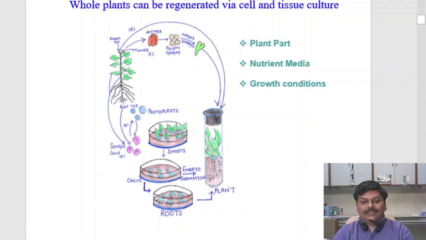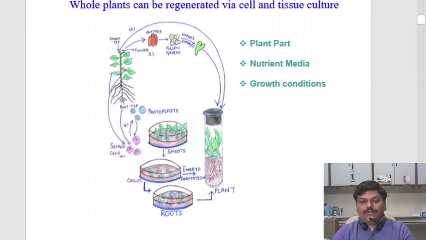That means many plants can be developed from one single source of a plant. When we use this plant part, it is collectively called explant. So when I listed roots, stems, leaf buds, all these are collectively called explant.